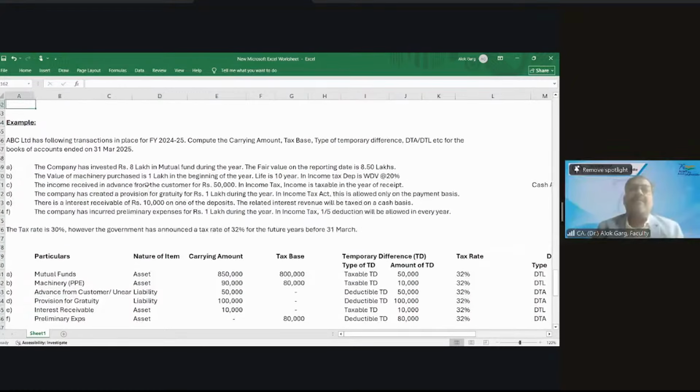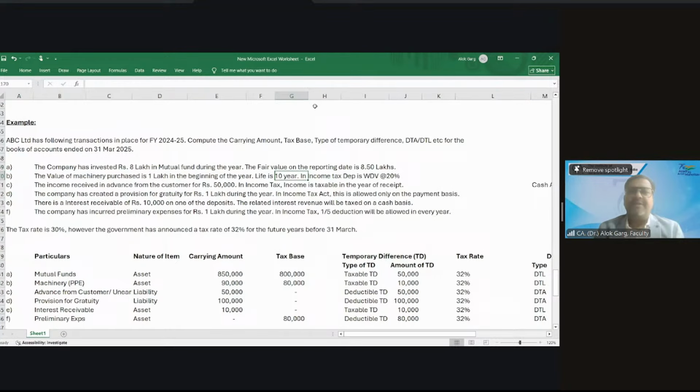Friends, this example gives you complete clarity. This is end to end. I hope this is clear to each and every one of you. Is that clear or not clear? Very much clear, sir.